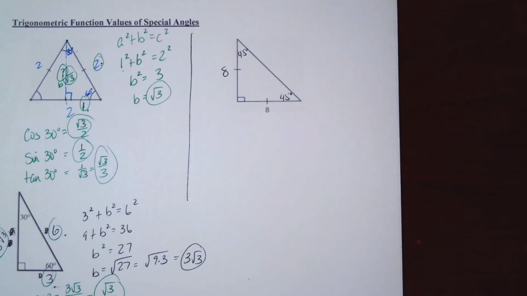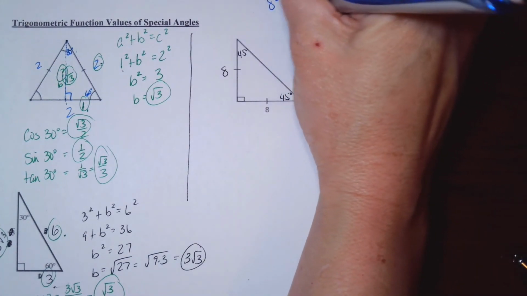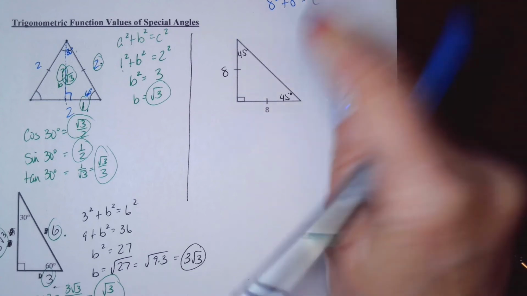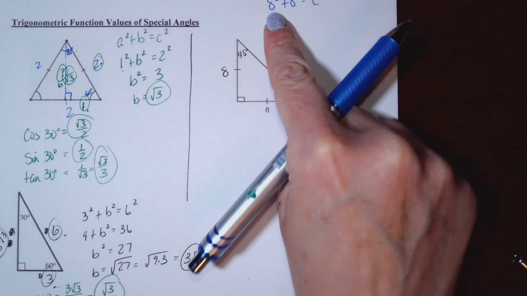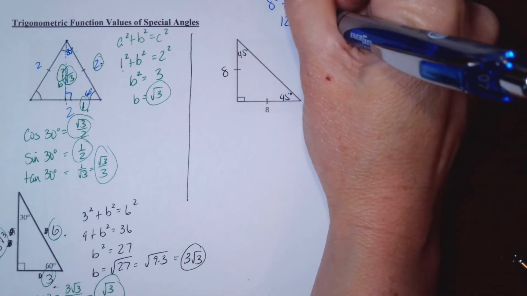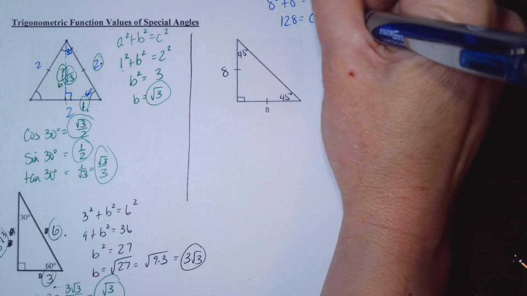Okay, so let's figure out the length of that hypotenuse if this side length is 8. We've got 8 squared plus 8 squared equals c squared, where this is my c. 8 squared is 64, so 128 equals c squared.